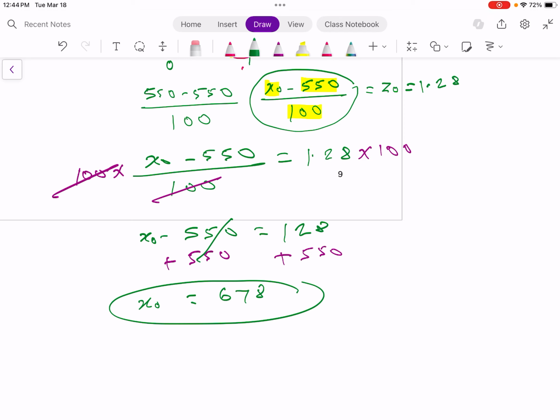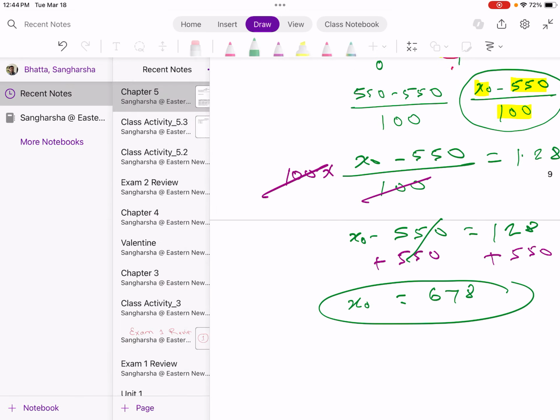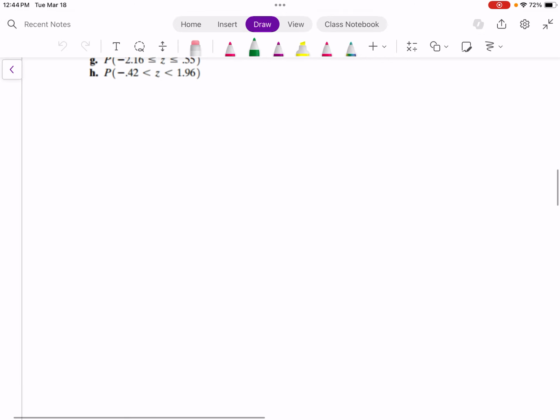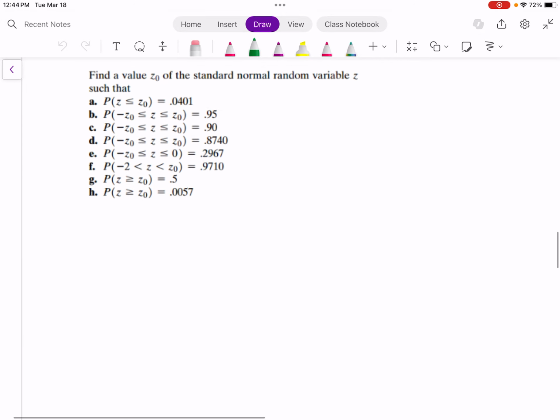In number 3 we are asked to find the g naught, and on the next we are asked to find the probability. Is it okay if I start the activity? Does anyone have any question on this part? So let me start. Let me do number A at first.